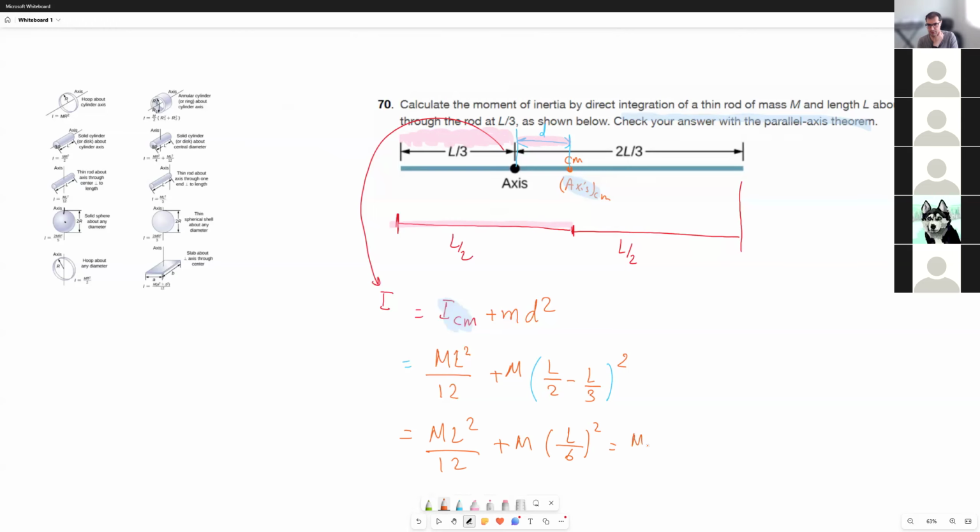It's going to be ML squared divided by 12 plus ML squared divided by 36. Am I right, guys? Yeah.